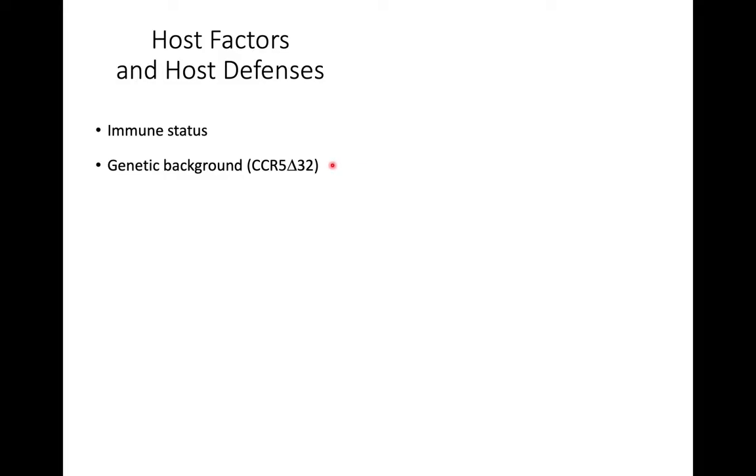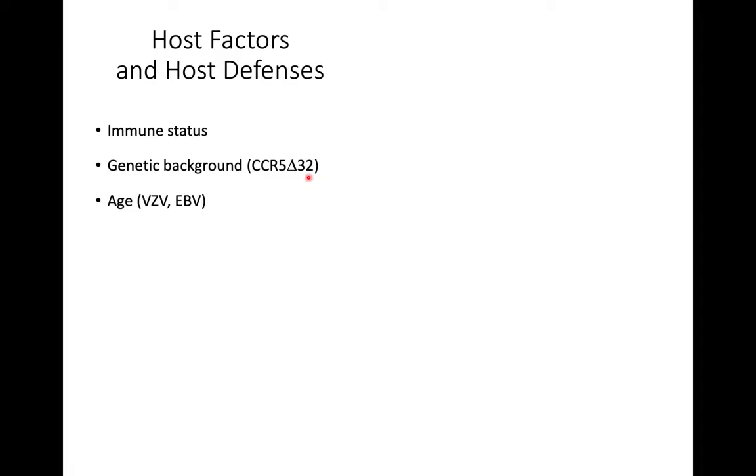The genetic background of our host can also be really important. You may have heard of the CCR5 delta 32 mutation. A very, very small percentage of the population has this mutation, and it actually makes them resistant to infection with HIV.